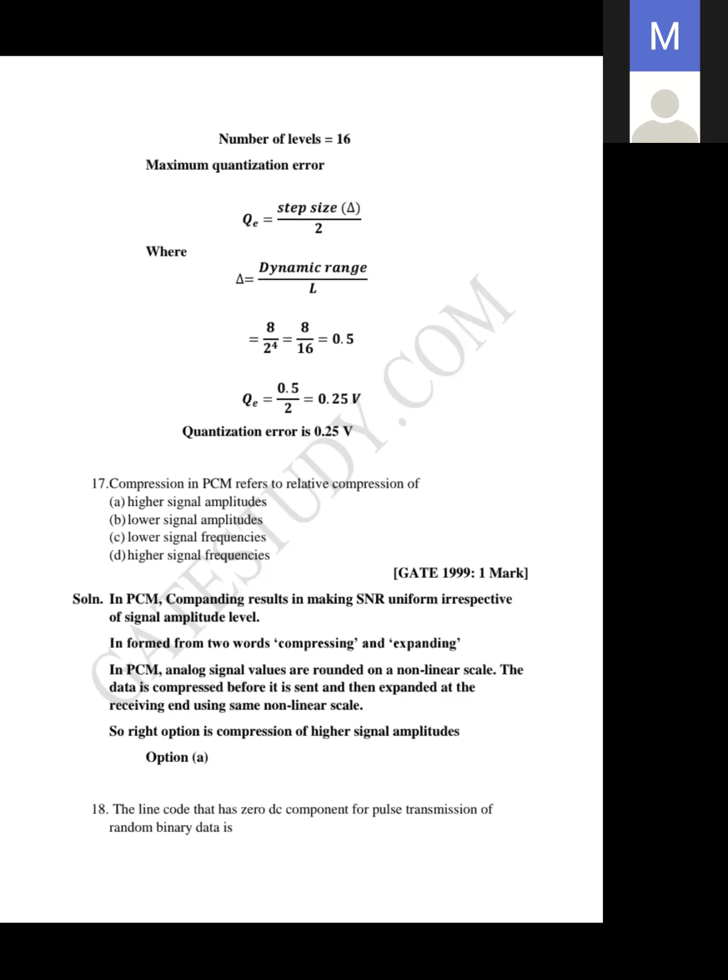Here the quantization error QE is step size delta by 2, where delta is the step size, which is the dynamic range by L. The dynamic range, the voltage range 0 to 8 volts, is 8 volts. L is the number of levels, 2 power 4, because each sample is considered as 4 bits, so L is equal to 16 levels.